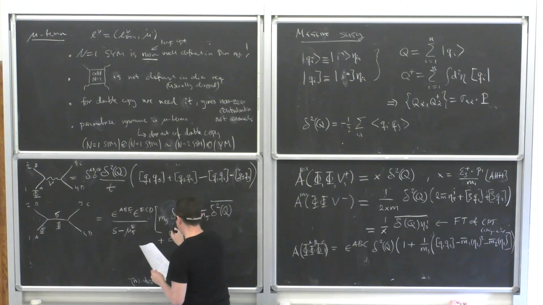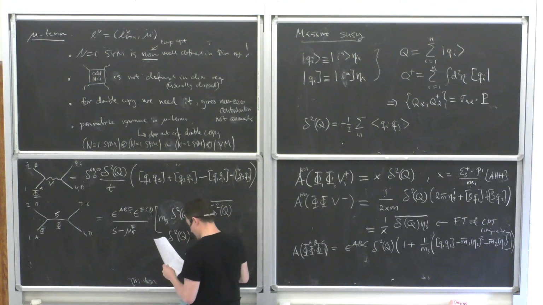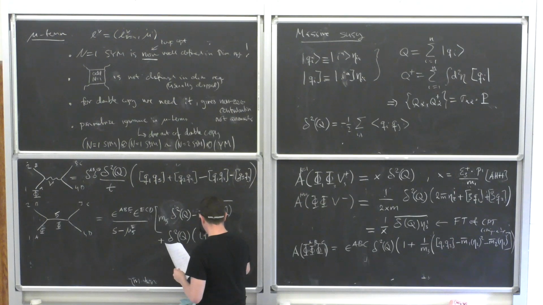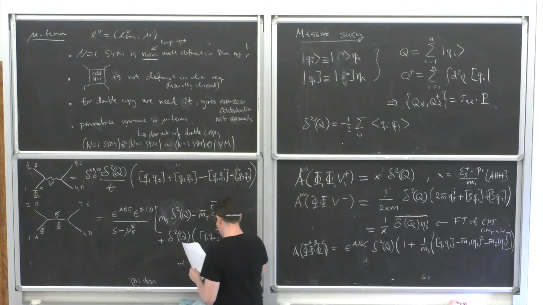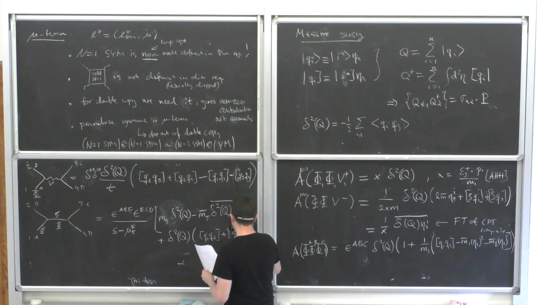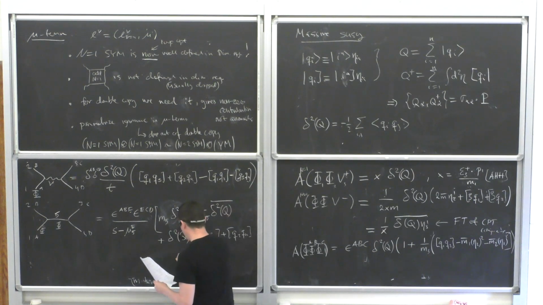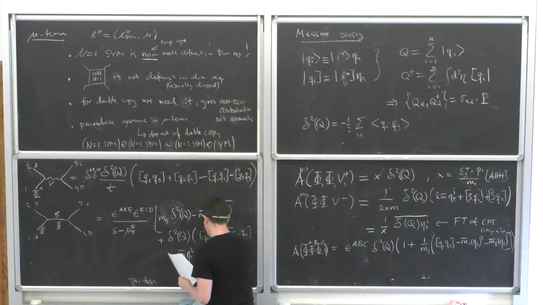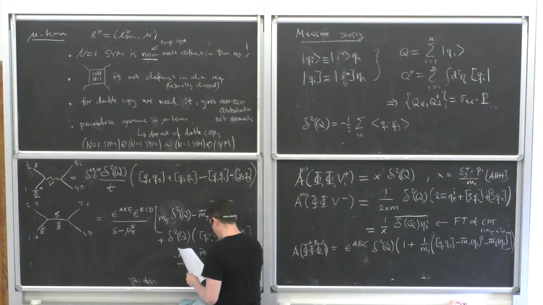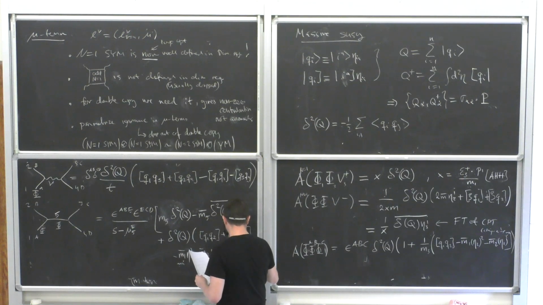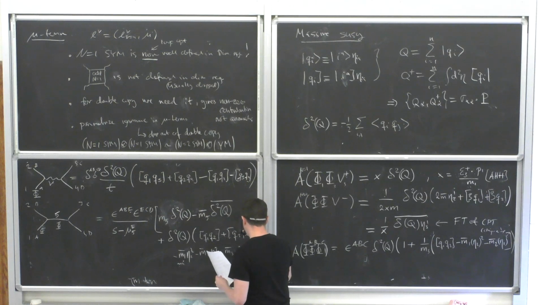And then we have delta 2Q, Q1, Q2, Q3, Q4, minus M1, eta 2 squared, minus M2, eta 1 squared, minus M3, eta 3 squared, minus M4, eta 3 squared.